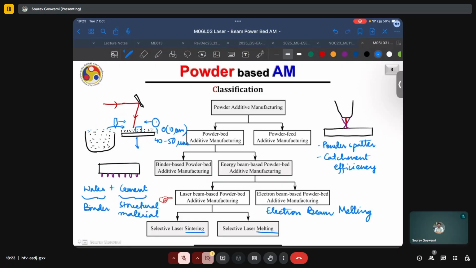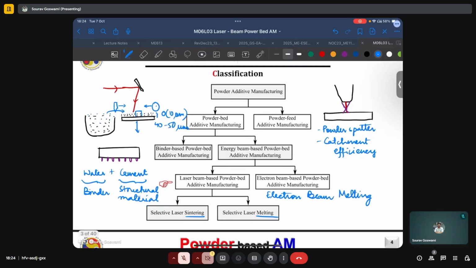Of course, the distinction between the two being that in one case, the principle of fusing these materials together is just sintering itself, whereas in the other case it is melting and solidification. And so the temperatures which will be achieved in these processes will be lower for the sintering case.